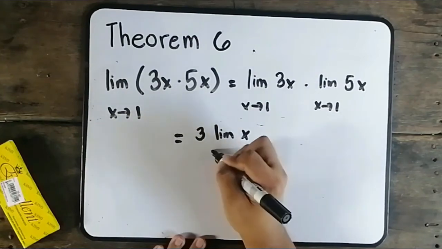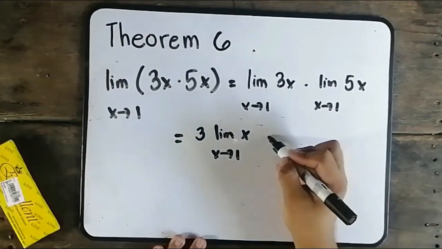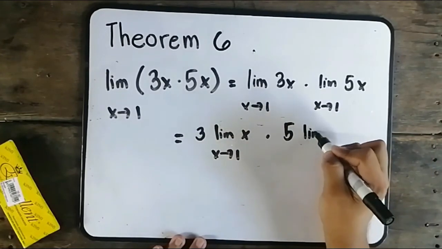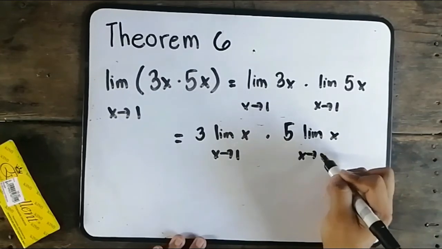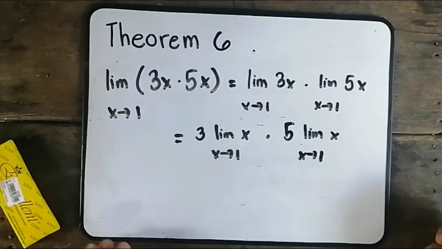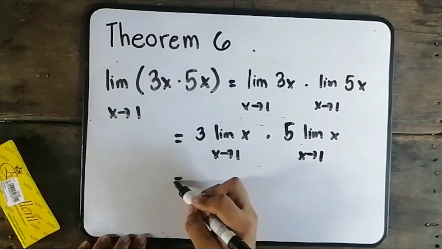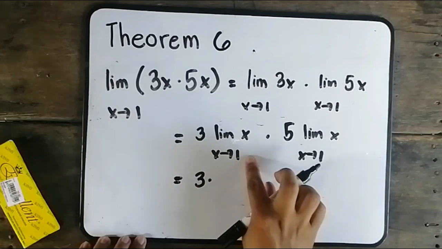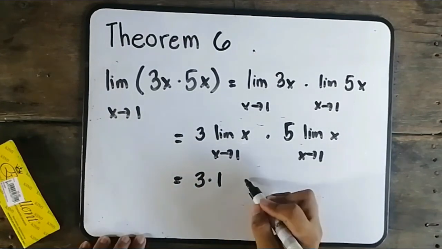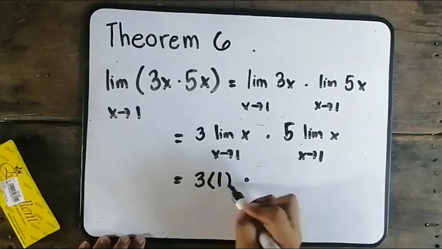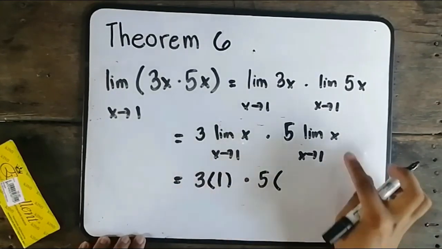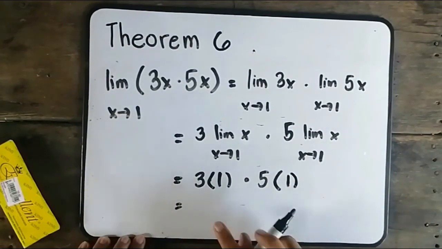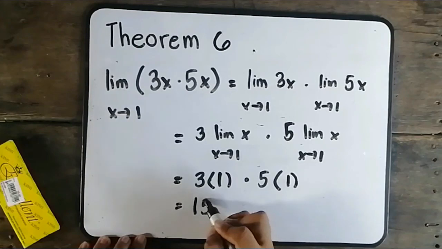So, limit of x as x approaches 1 times, again, limit theorem number 4, 5 times the limit of x as x approaches 1. So, we now have 3 times, by theorem number 3, this is 1, times 5, limit theorem number 3, this is equal to 1. So, we now have 3 times 5, so we have 15.